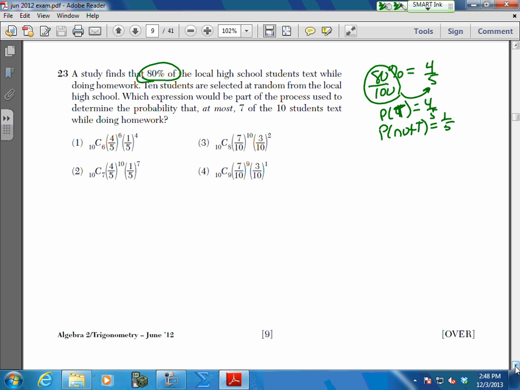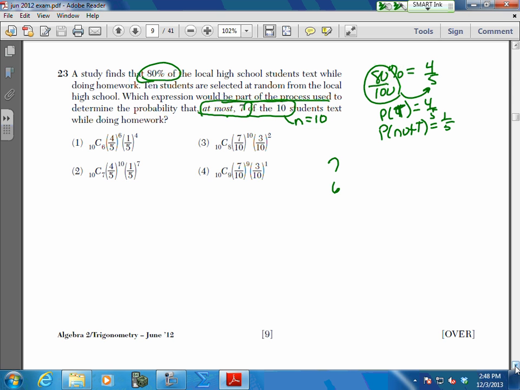This is your binomial. So which expression would be part of the process used to determine at most 7 out of the 10? We're going to do this 10 times, and we want at most 7. At most is like money in your pocket. If you have at most $7, you have 7 or less.